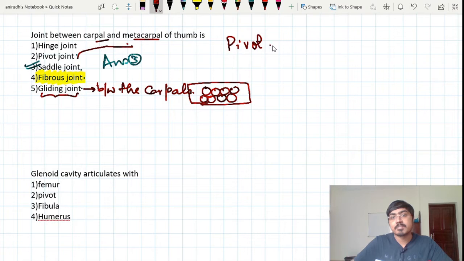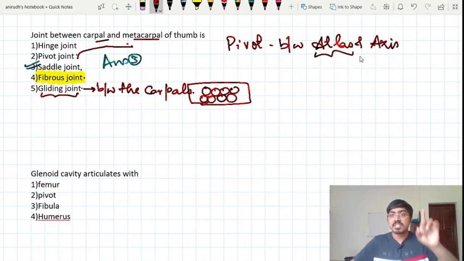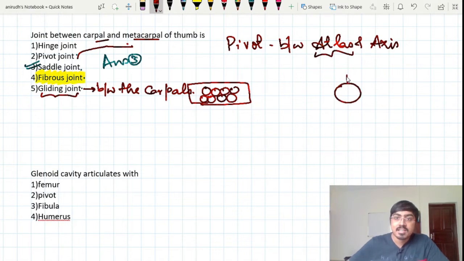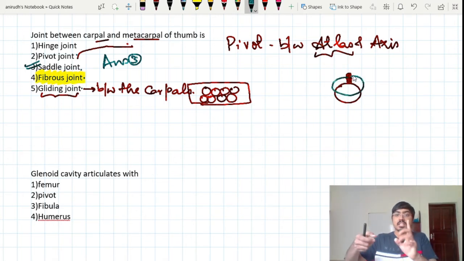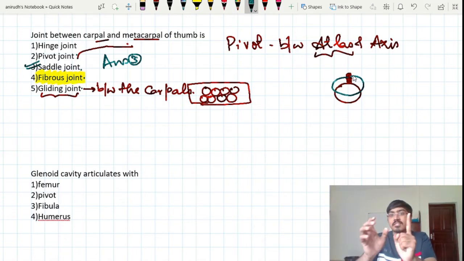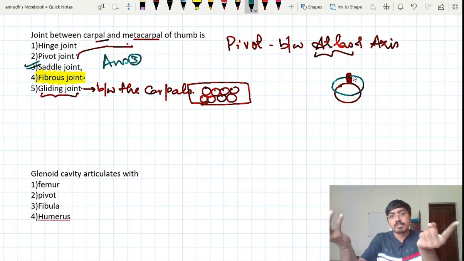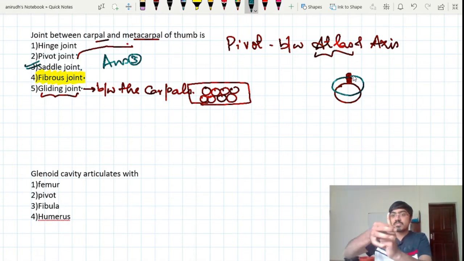Pivot joint is present between atlas and axis. Axis is the second vertebra, atlas is the first vertebra. This is how the second vertebra looks. It has a small projection like this. You call this the odontoid process or the dens of the second vertebra, which you don't have to remember, and the first vertebra is arranged over here.